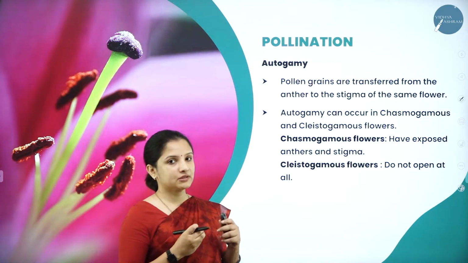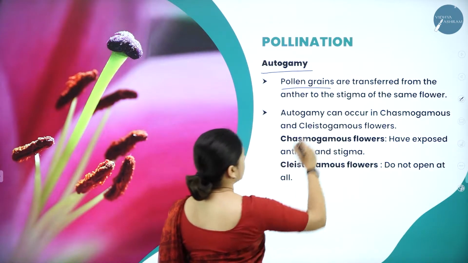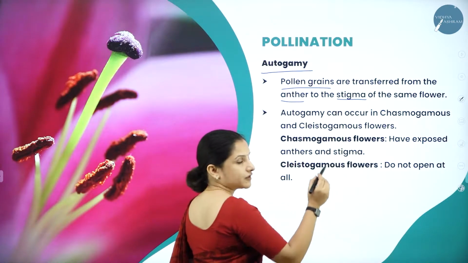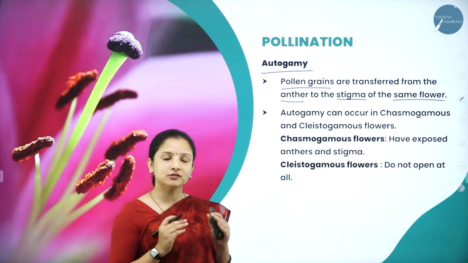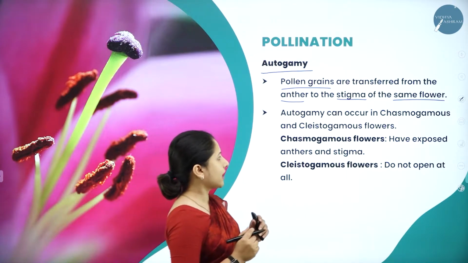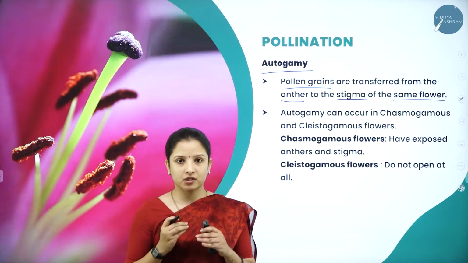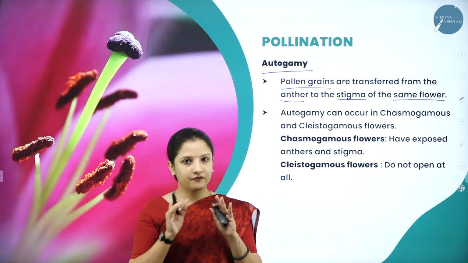So what happens in autogamy? The pollen grains are transferred from the anther to the stigma of the same flower. That is why it is called autogamy. Autogamy can also be called self-pollination. Here the pollination occurs in the same flower.